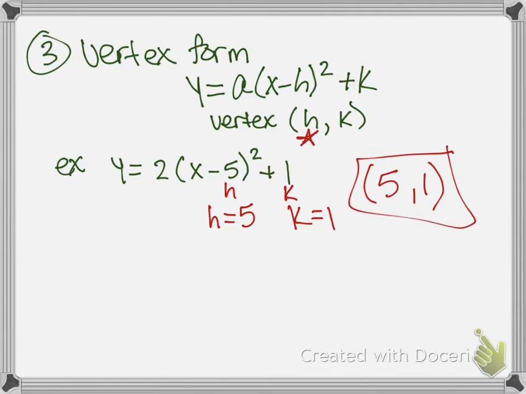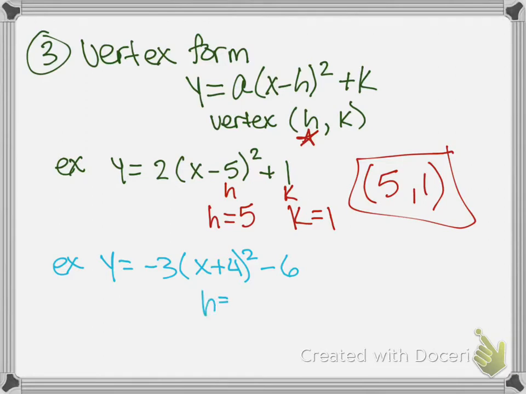Let's take a look at one more just so you guys can see what I mean with those signs. Let's say I have y equals negative 3 times x plus 4 squared minus 6. So again, all I have to do is take out the h and the k value. So I have x plus 4, that's my h, but I have to take out the opposite sign.